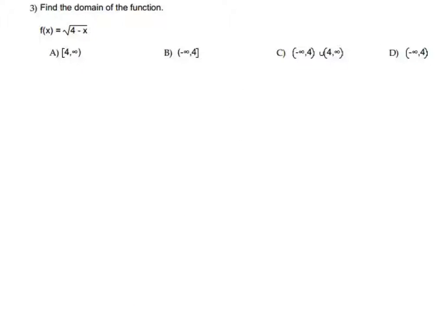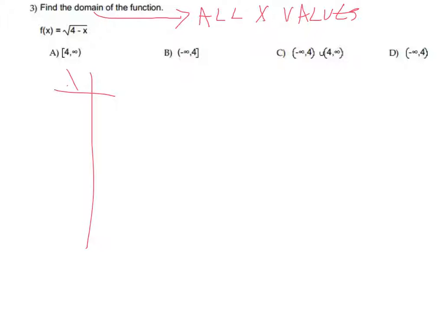Find the domain. All right, domain. All x values. So domain is the set of all x values. Now you can't always plug in anything you want into a function. So let me demonstrate by actually plotting some values.